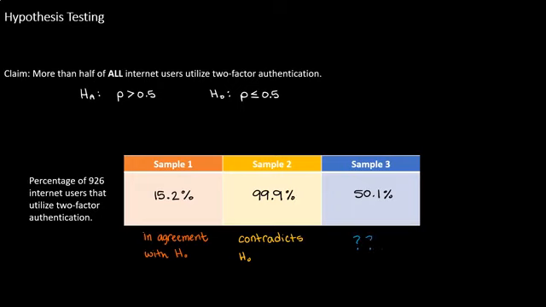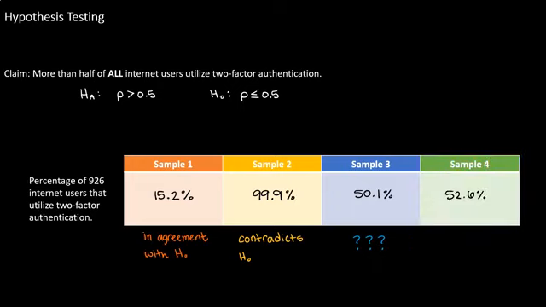However, natural variation would explain such a tiny difference here potentially, if we knew what the spread of our sample data looked like. So we're not convinced that sample 3 is contradicting the null hypothesis or in agreement. Maybe we take another sample, and again we get a percentage that looks like it's contradicting the null hypothesis.